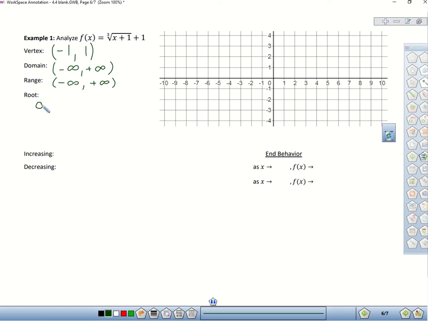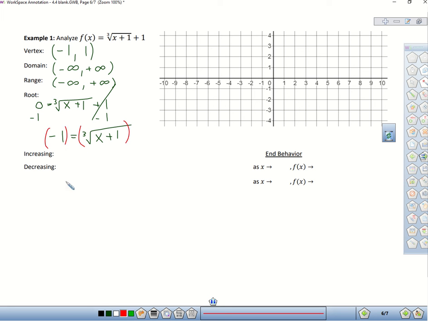To find the root, you're going to replace f of x with 0. I'm going to subtract 1 on both sides. That gives me -1 is equal to the cube root of x plus 1. Now, cube roots can give you negative results, unlike square roots, so you don't have to be alarmed here. Does anybody know how to cancel out a cube root?